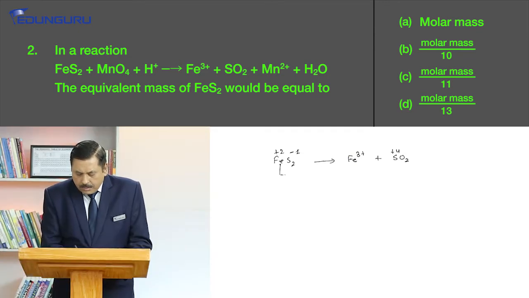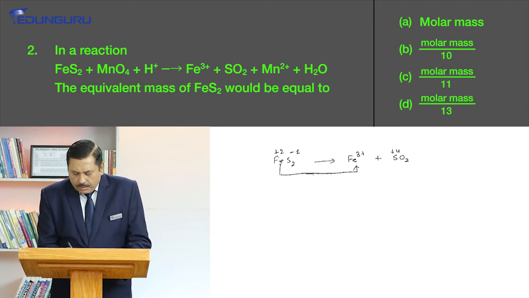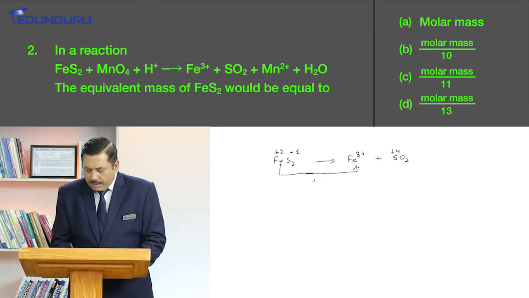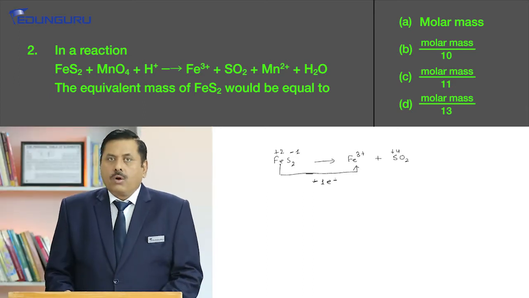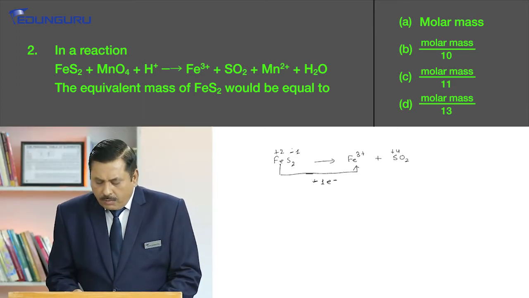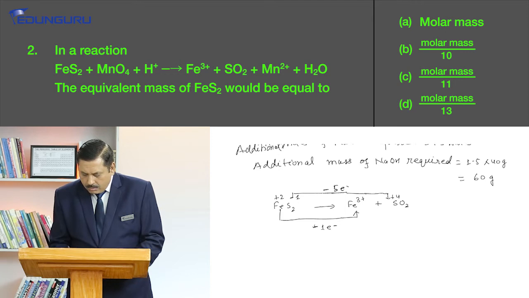Now, from Fe2 plus to Fe3 plus, this will happen by loss of 1 electron. On the other hand, sulfur from -1 to +4 is 5 electrons.